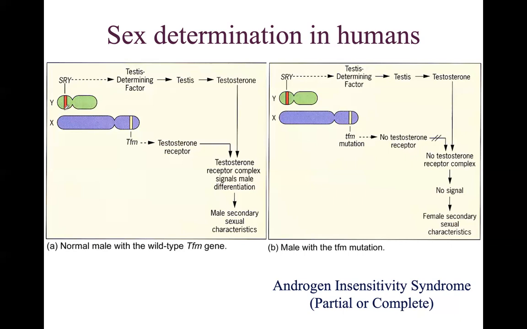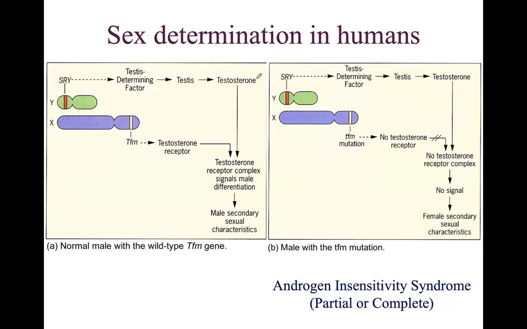And so if this gene gives rise to tissue which produces the signal, then where is the signal going? This signal is going to a lot of the tissues that can go one of two directions depending on male or female.